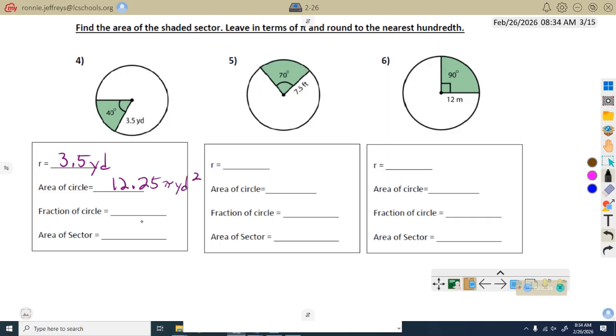Square. All right, the fraction of the circle. I'm not actually going to make you reduce this down. I probably should, but I'm not. All right, so this would be 40 over 360 times 12.25.